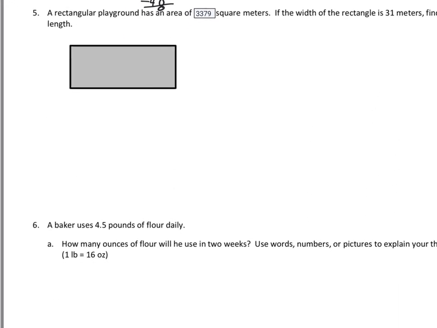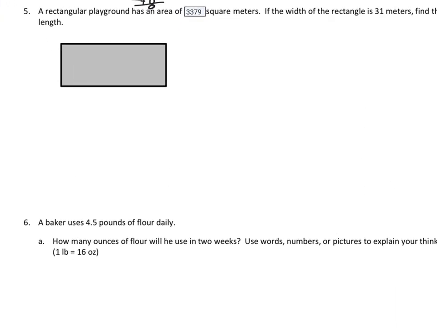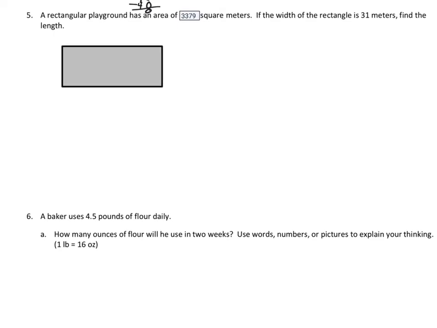Next problem states, a rectangular playground has an area of 3,379 square meters. If the width of the rectangle is 31 meters, find the length. All right, so let's go ahead and do that. Let's go ahead and label what the area is. In this case, it is 3,379 meters squared.